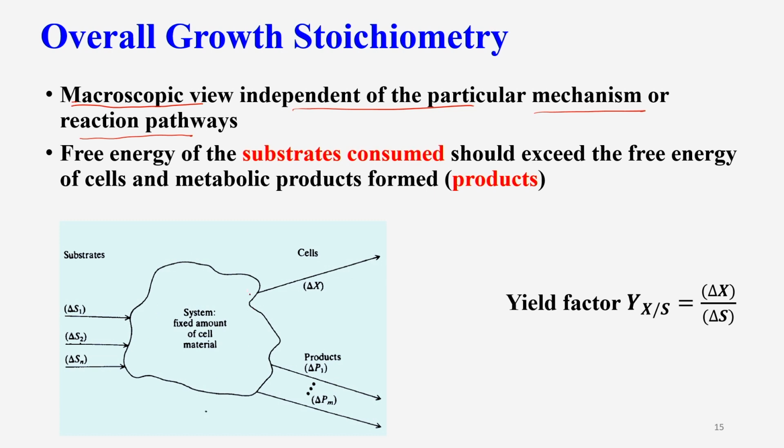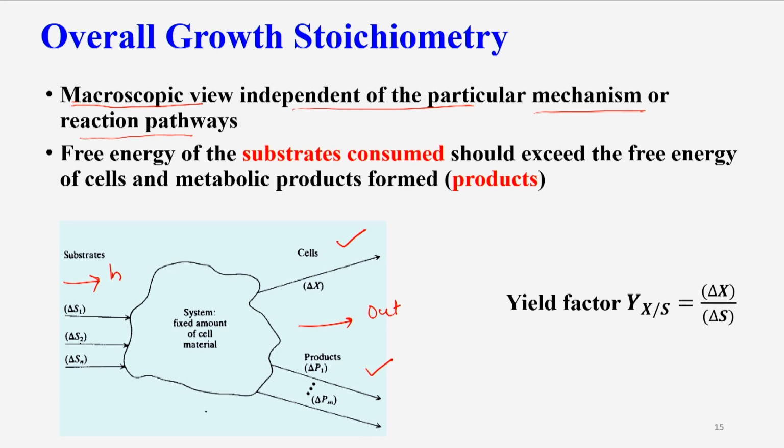So, this is a system which has an inlet and outlet. What we are seeing is that a substrate is converted to the cell, which is also a product of reaction, and of course, the metabolites are a product of reaction.